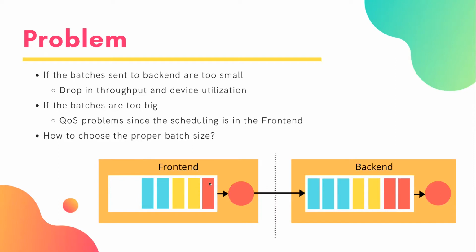So basically, when a higher priority request comes to the front end, it should wait until these low priority requests are done, which can violate the quality of service. And if this batch size is very big, this problem can really affect the quality of service and the overall performance of the scheduling.